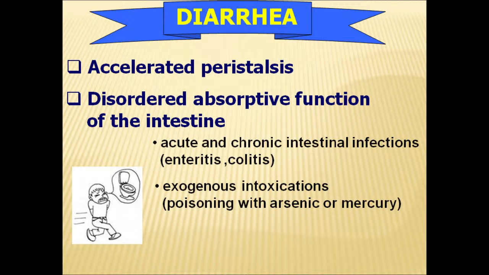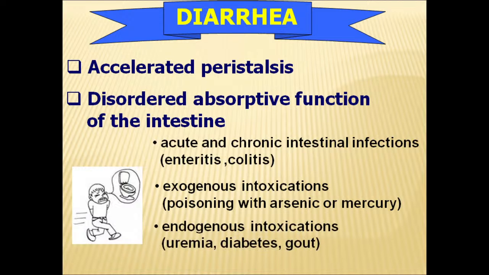We must remember about some intoxications, which may be exogenous, especially characteristic for people who work with arsenic or mercury, and the organism gradually will be intoxicated. And we can remember about endogenous intoxication, which appears due to disordered detoxication function of the liver and kidney.